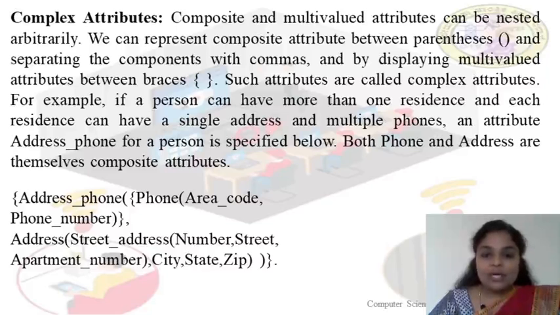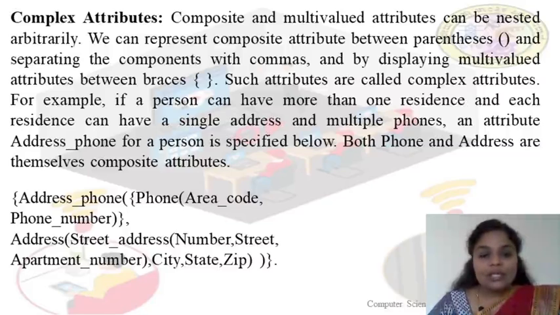Such attributes are called complex attributes. As I said previously, it's a combination of composite and multi-valued. The attribute should be both multi-valued as well as composite. Means attributes which have more than one value and are divisible into subparts are called complex attributes.